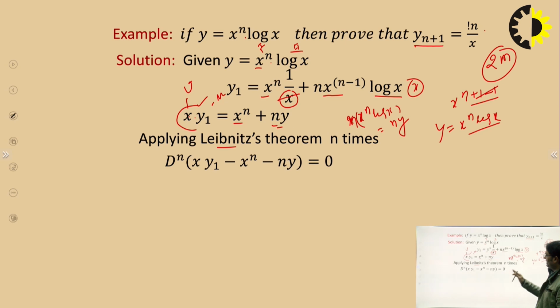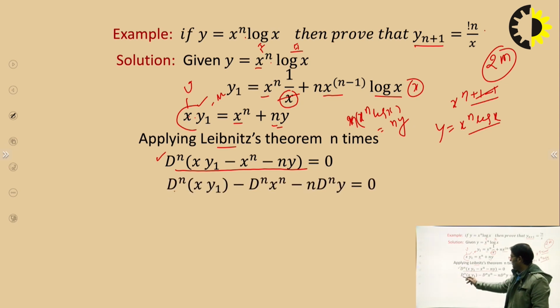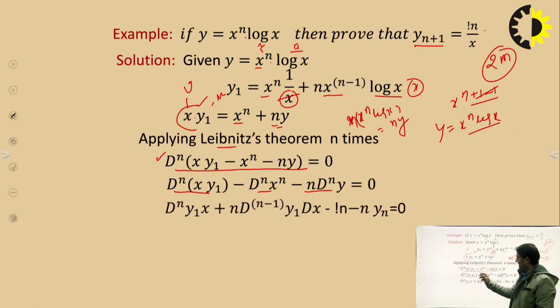Now, if I open up the Leibniz theorem, so this is basically the main representation of the Leibniz theorem. You must first open up the Leibniz theorem n times on both sides. Then you must mention the d to power n, right? Now we apply the Leibniz theorem on all the 3 terms. Here, what is happening?